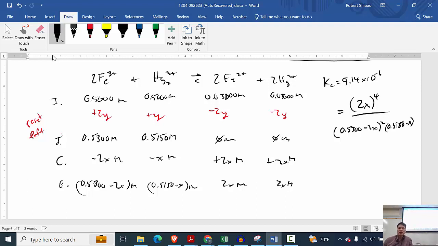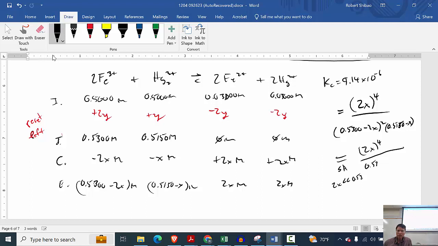Now, since 10 to the minus 6 is favored to the reactant side, I'm going to make the simplifying assumption here now. I'm going to assume that 2x is small compared to 0.53. So 2x is much smaller than 0.53. The x does not drop out of the numerator, but the x will drop out of the denominator.